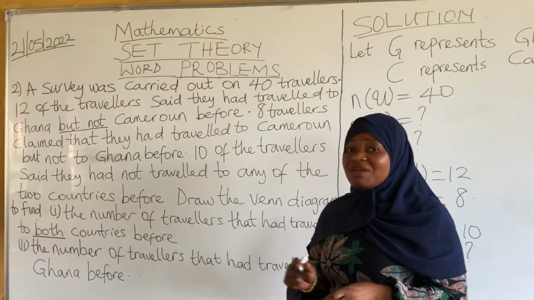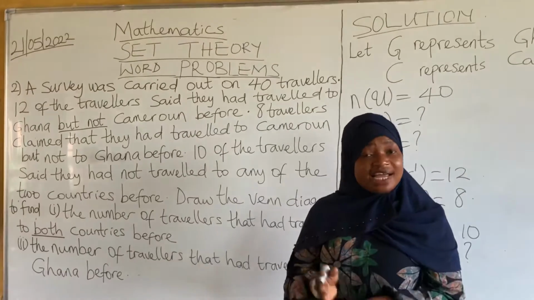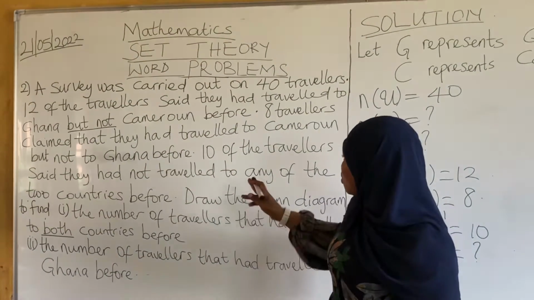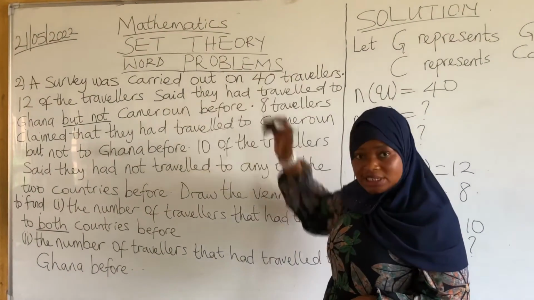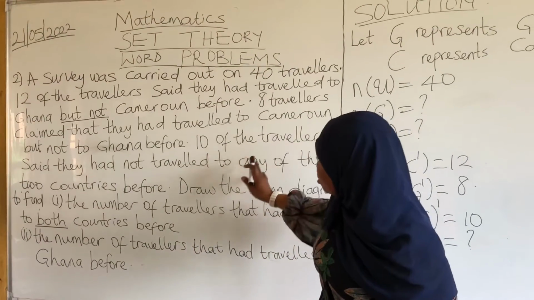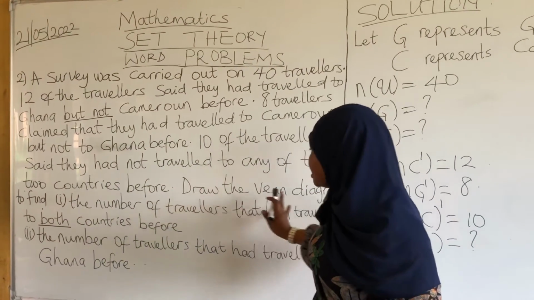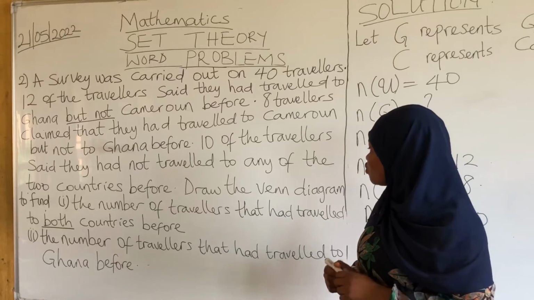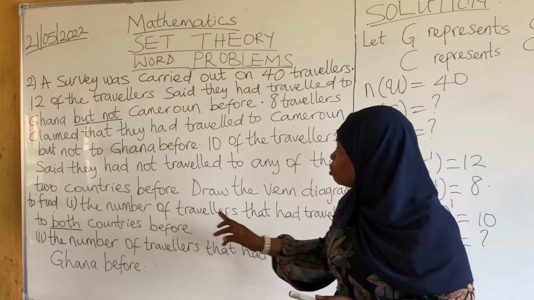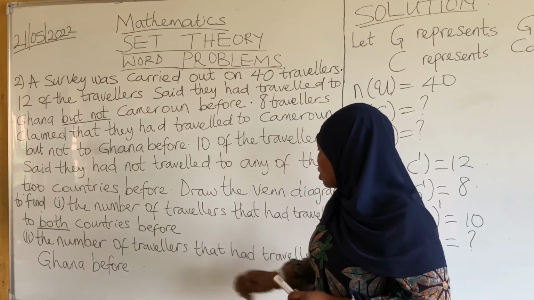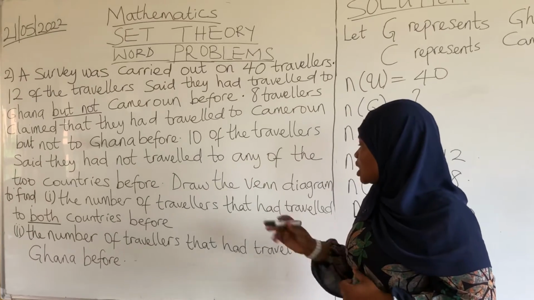So those that have never traveled to Ghana and Cameroon were 10 out of 40. Now, we have to draw the Venn diagram to find the number of travelers that had traveled to both countries and the number of travelers that had traveled to Ghana before.